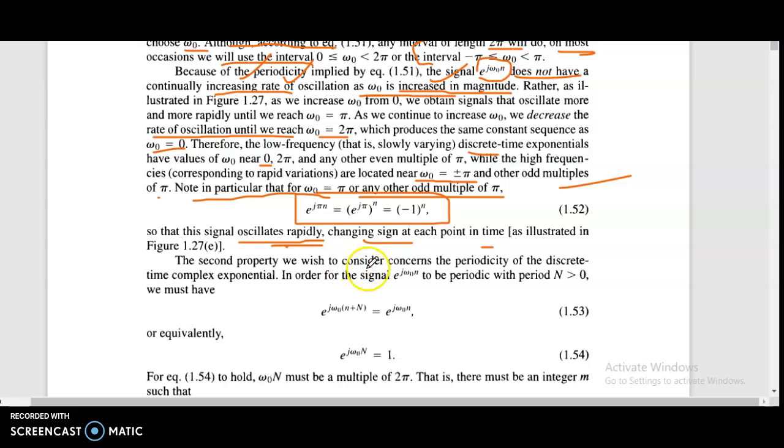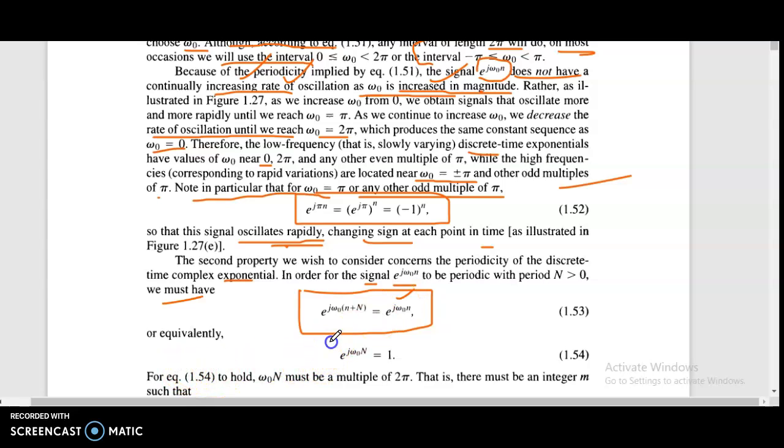The second property we wish to consider concerns the periodicity of discrete time complex exponentials. In order for the signal e power j omega naught n to be periodic with period capital N greater than 0, we must have e power j omega naught of n plus capital N equal to e power j omega naught n.